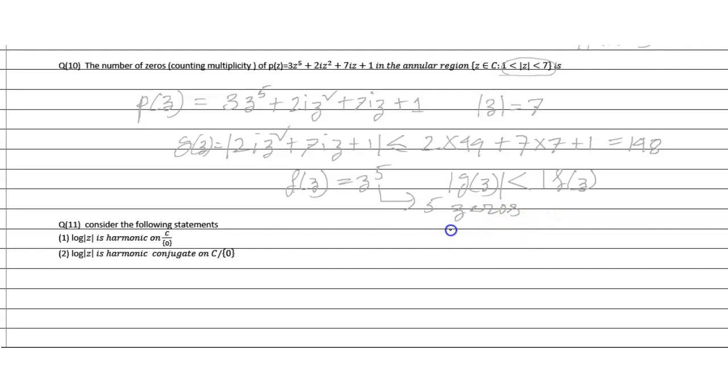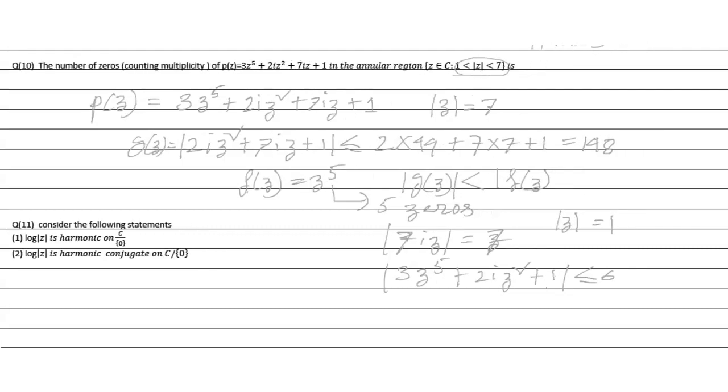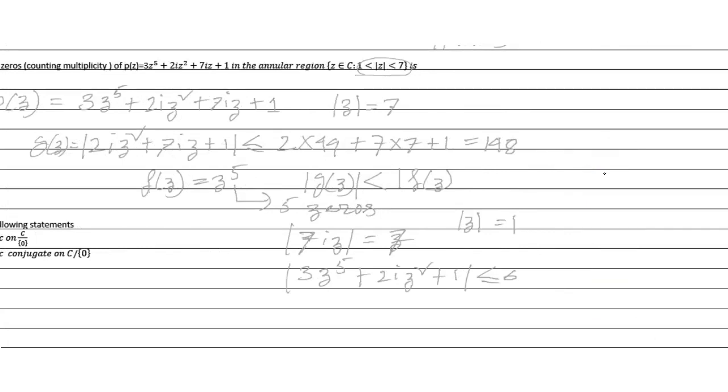Next point, friends: mod of 7iz equals 7 when mod of z equals 1, and 3z to the power 5 plus 2iz square plus 1 is less than or equal to 6. Less than or equal to 6.